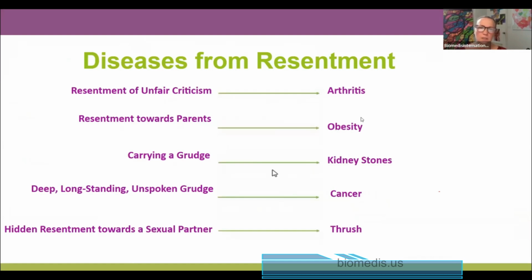Diseases from resentment, examples: resentment of unfair criticism can cause arthritis, resentment towards parents, obesity, carrying a grudge, kidney stones, deep long-standing unspoken grudge, cancer, hidden resentment towards a sexual partner, in women thrush infection.